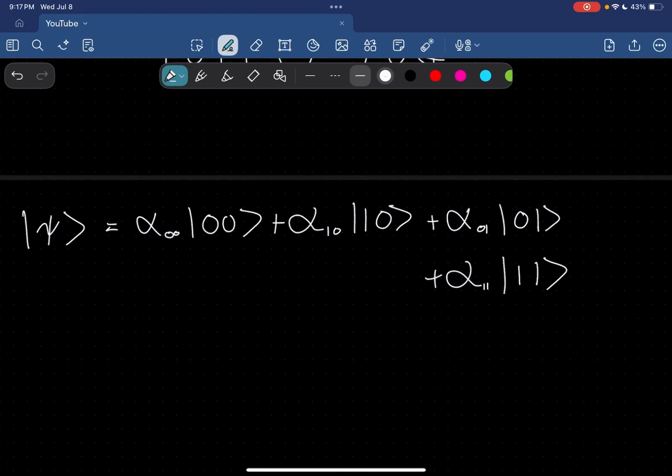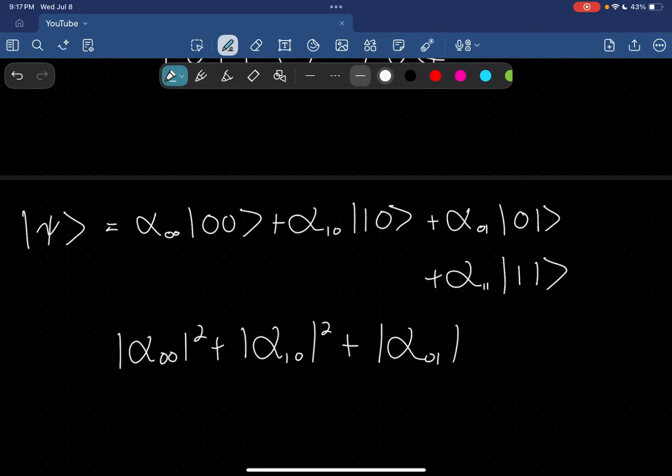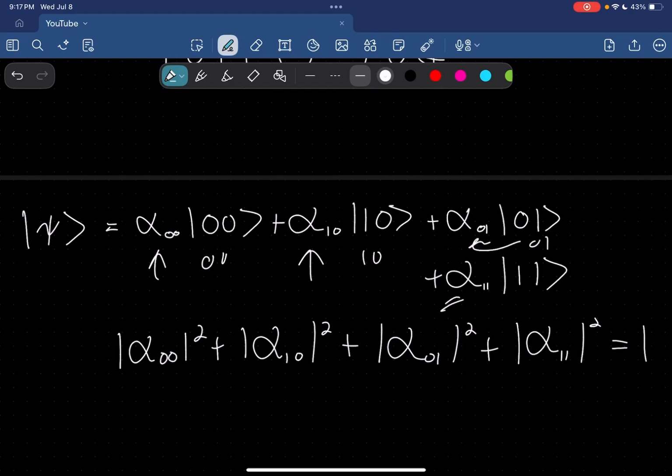And again, if we sum up alpha 00 squared plus alpha 10 squared plus alpha 01 squared plus alpha 11 squared, this would again be 1 because these are probabilities. This is our probability of measuring 00, this is our probability of measuring 10, this is our probability of measuring 01, and if we square these amplitudes, this would give us the probability of measuring 11.